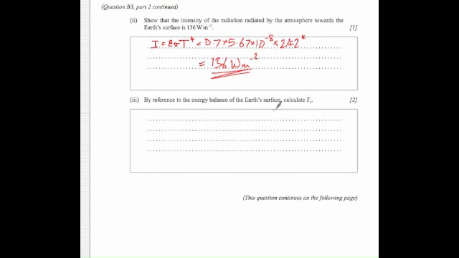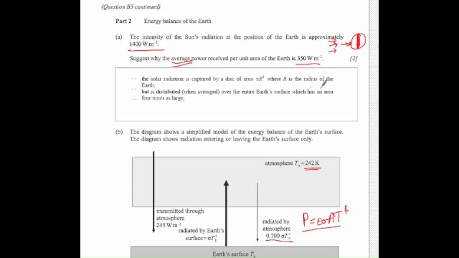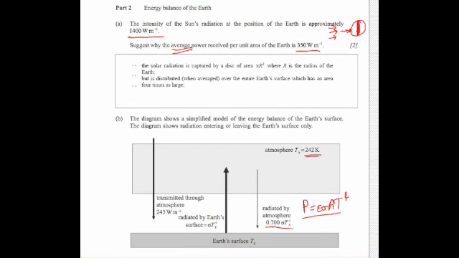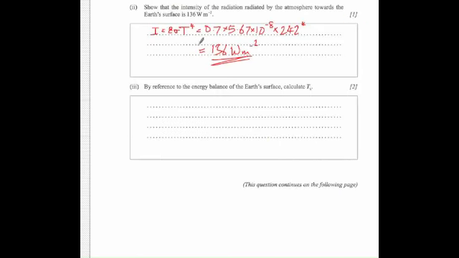And finally, we need to calculate TE, the temperature of the Earth. So if we look at what the Earth is doing, well, the Earth is absorbing energy from two sources. It's absorbing energy that's transmitted directly through the atmosphere, that's 245 watts per square metre, and it's absorbing energy that's radiated by the atmosphere, and we just calculated that that is 136.